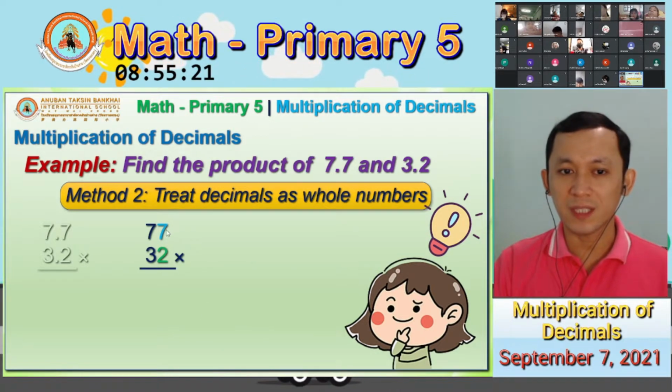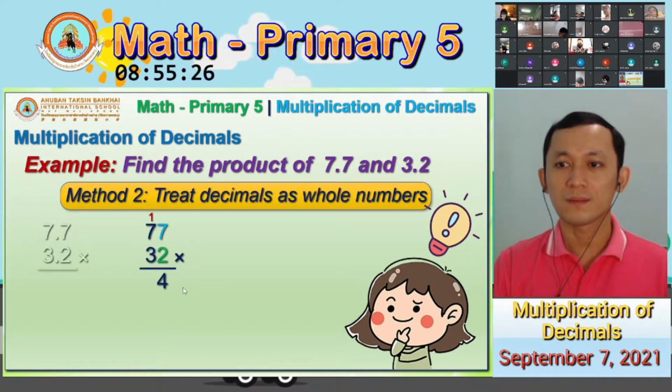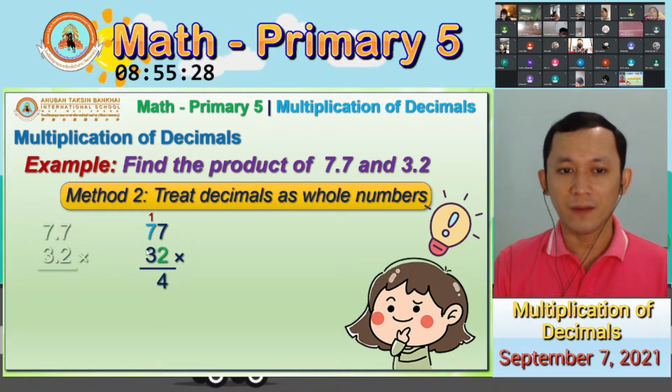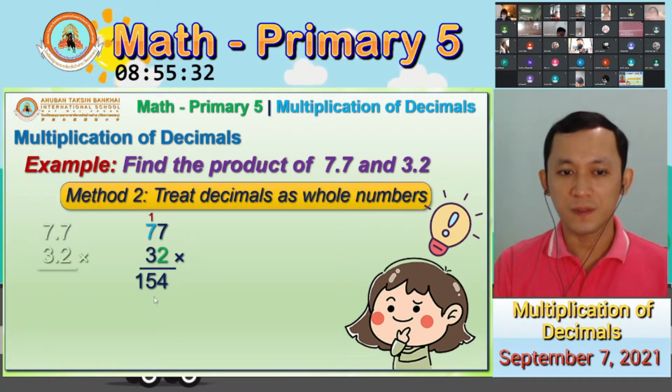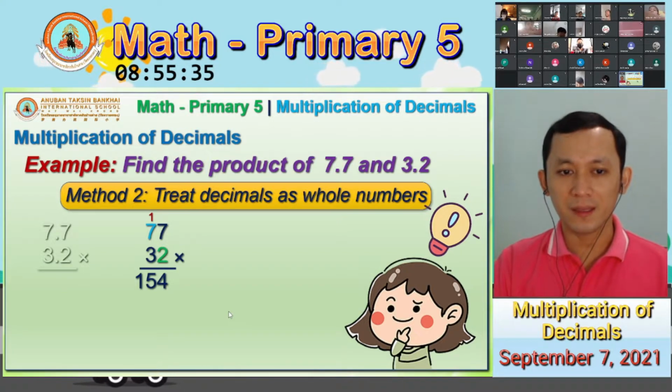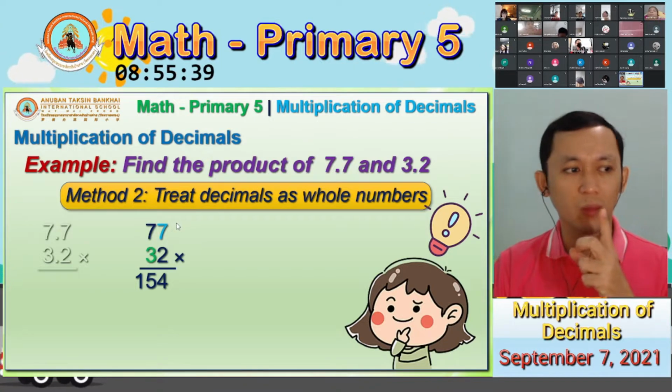We have 2 times 7, we have 14. 4 carry 1. 2 times 7, we have 14, plus 1, we have 15. Next, 3 times 7, we have 21.